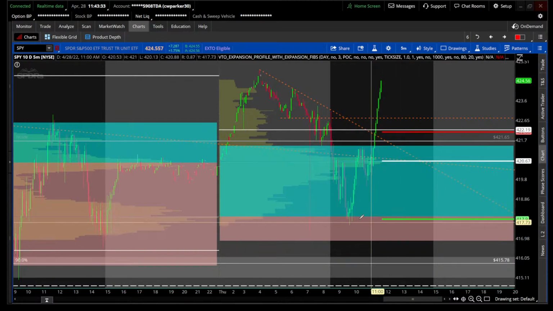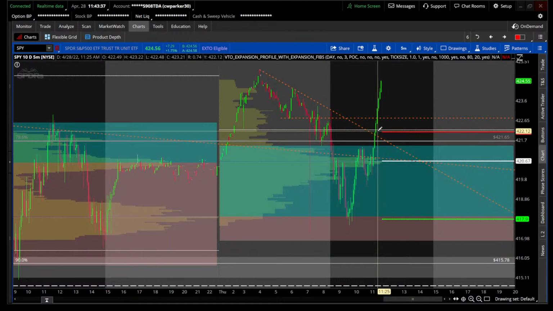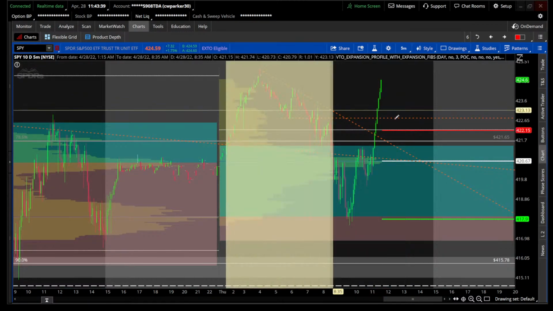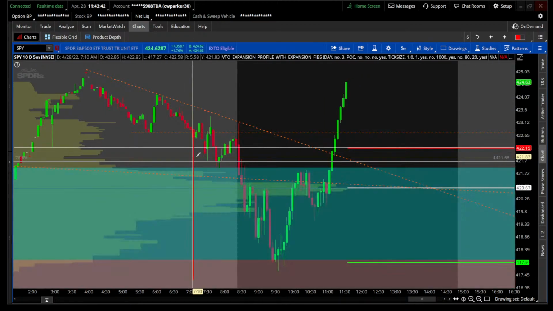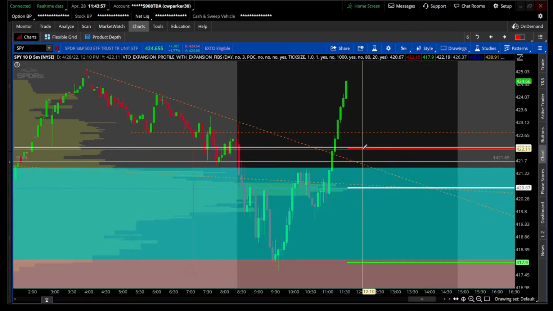So the previous day's point of control was down here. This is 1% away from that. You see SPY got into this area earlier this morning, and it actually went above it, but it couldn't hold it. It came back to the previous day's point of control, broke above these volume nodes, and this is the current area: current POC, current value area high, current value area low.